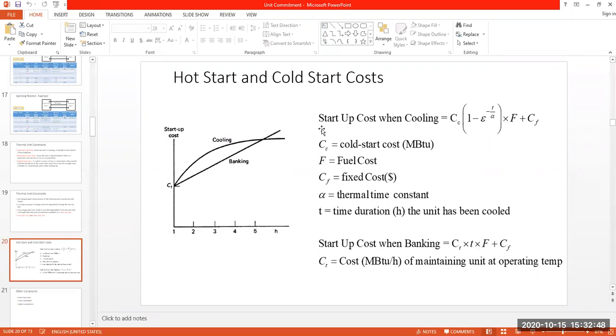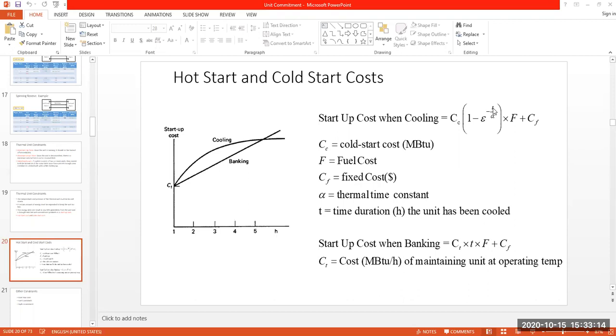Now about the cooling, if you have not cooled it for sufficient time, let's say at time instant 0, that means you have not actually cooled it. So this T value here, at the top inside the exponent, this is exponential basically.